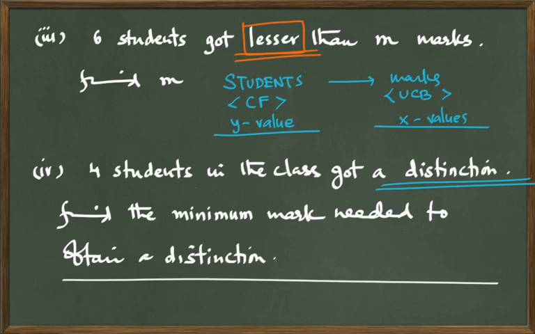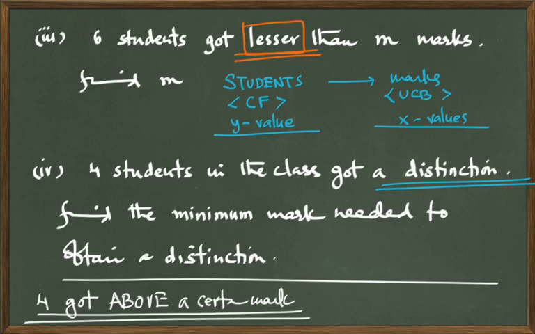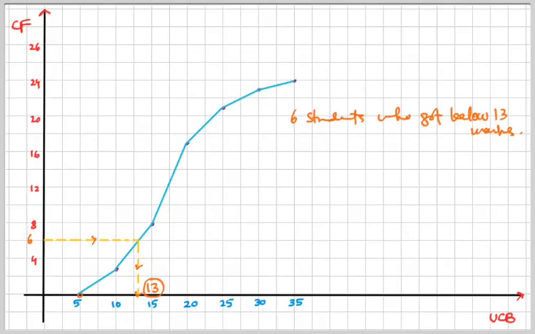If I label it again, I'll write 4 got above a certain mark, the distinction mark. How should I rewrite it? 24 minus 4 got below the distinction mark. That means read the graph for 20. So first of all, erase this 4, that's a distraction. Go till this value, which is 20.